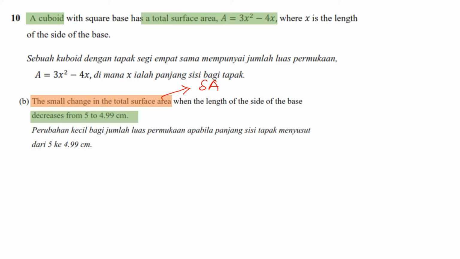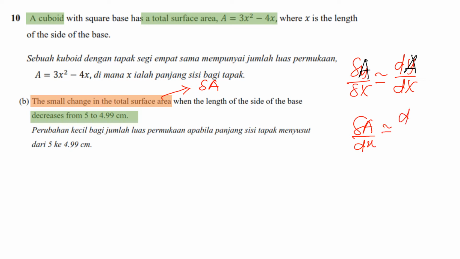Back to the earlier information, del y over del x is approximately dy over dx. Therefore, by replacing y with A, you should get del A over del x approximately equal to dA over dx.